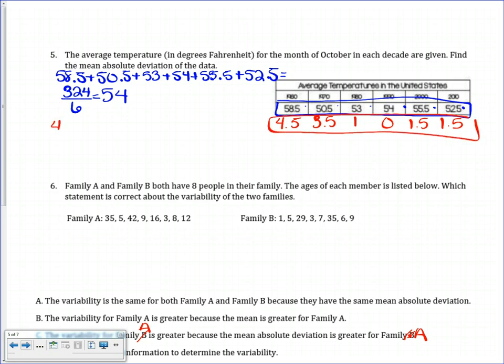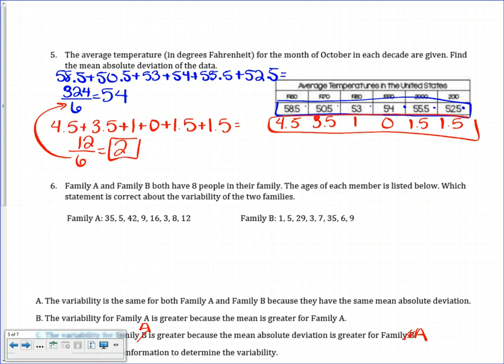So 4.5 plus 3.5 plus 1 plus 0 plus 1.5 plus 1.5. Add those up, we get 12. Divided again by 6. Remember, these must match. 12 divided by 6, we get 2. Okay, so those are your examples for mean absolute deviation.